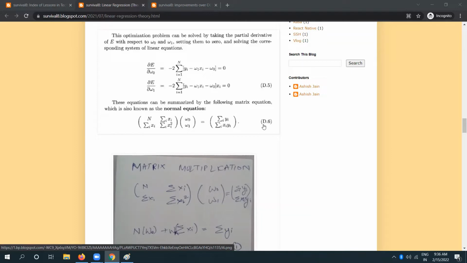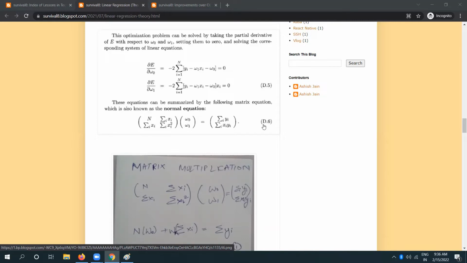So only one thing will be left, and when you differentiate W naught with respect to W naught, you get a 1. So the summation of -1 n times means minus 2n.